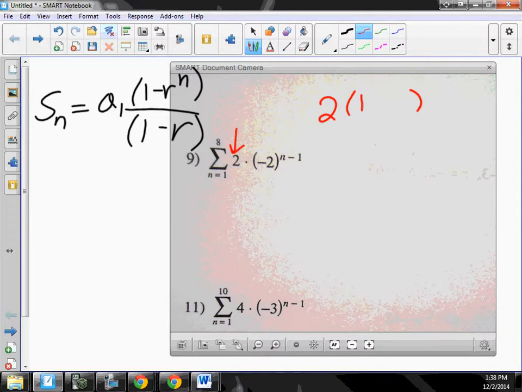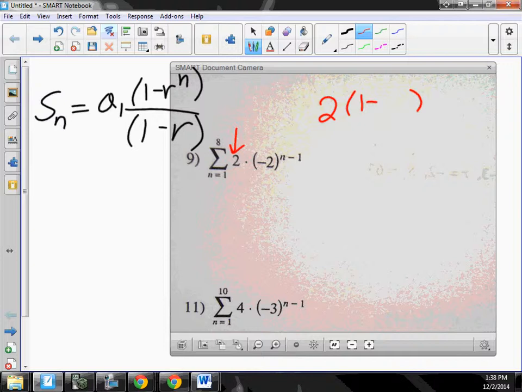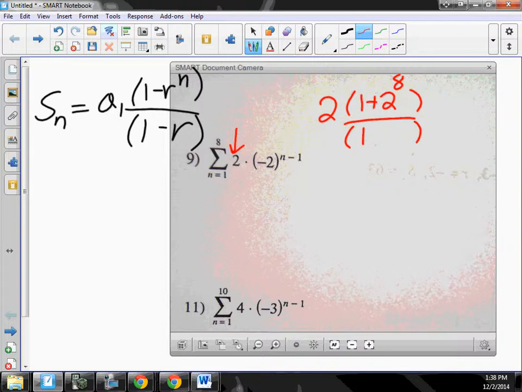So watch this, because we're going to make a mistake here in a second that's going to mess up your problem. So 1 plus 2 to the 8th over 1 minus negative 2, which turns into 1 plus 2.